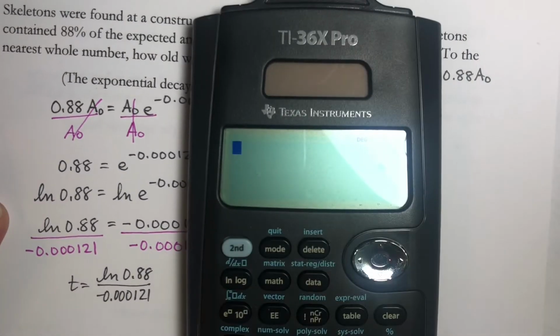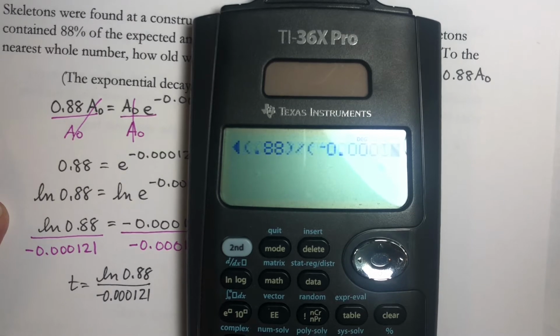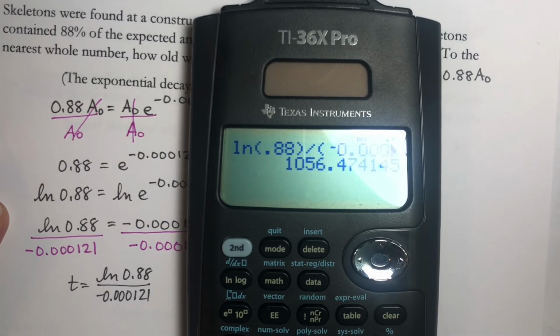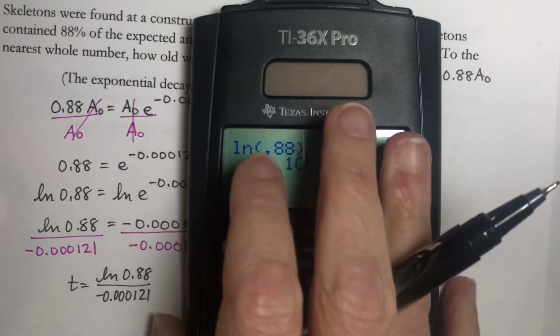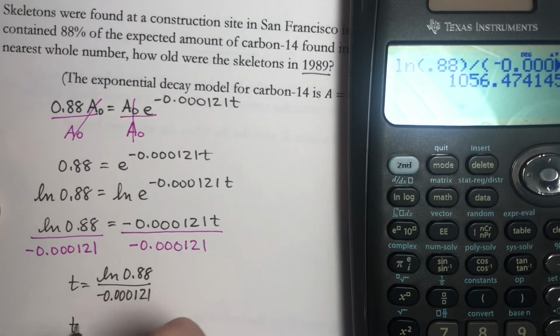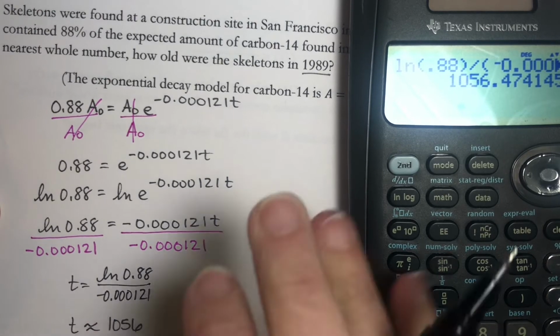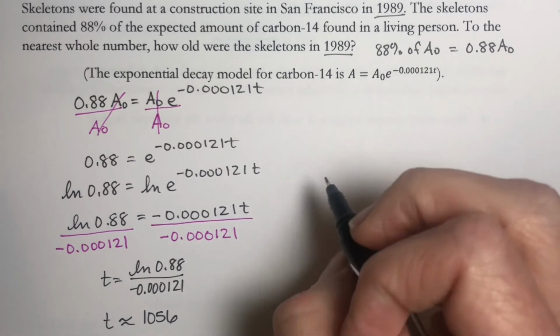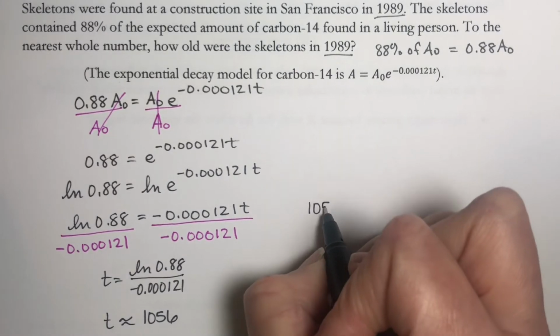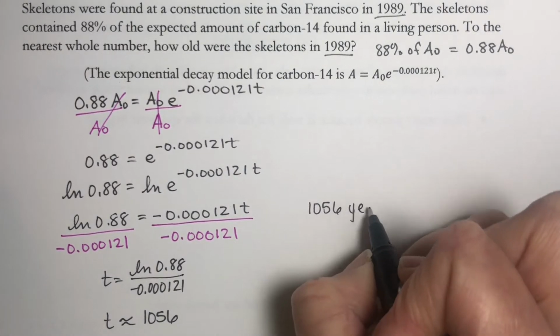Let's type this in the calculator and see what we get. And I get about 1,056. So how old were these skeletons in 1989? They were 1,056 years old.